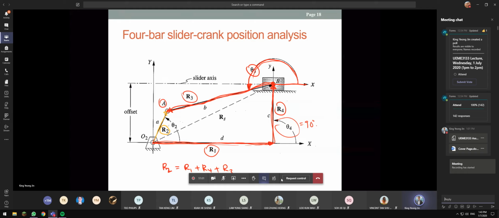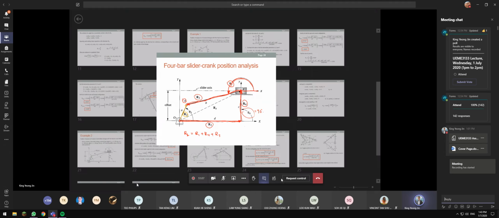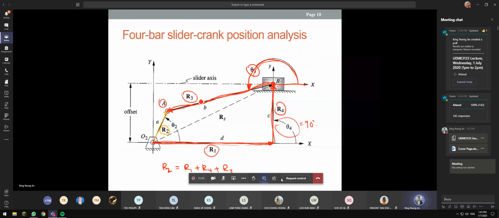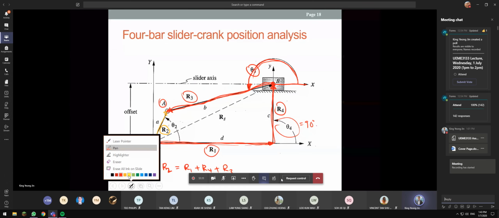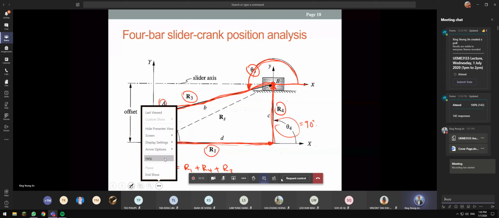Okay, so that is the two setups here. Maybe we turn on, we put up the screen.